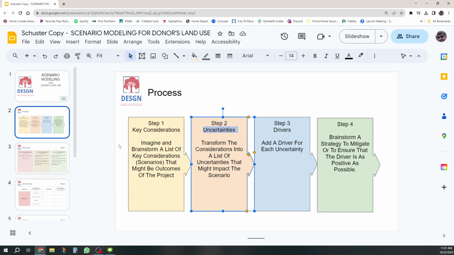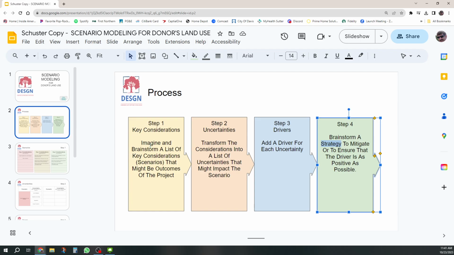Okay, so if there's something that we imagine, there's something that could go good or wrong, or something that's changeable that could drive us to that outcome. And of course, those drivers are the things that we might or might not have control over, but we have to decide. And then for each driver that we do have control over, we need a strategy.